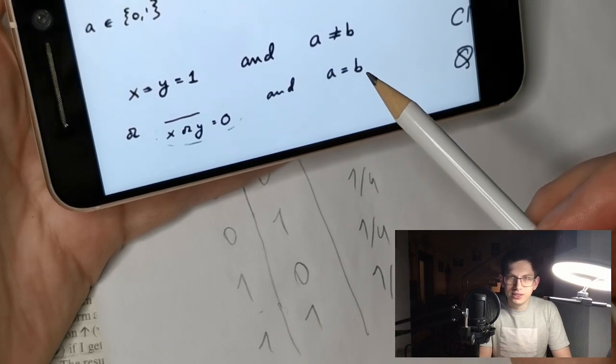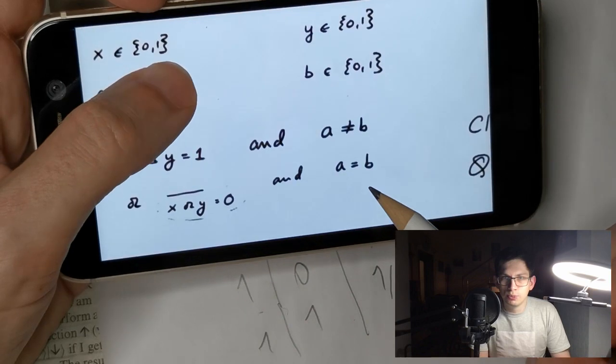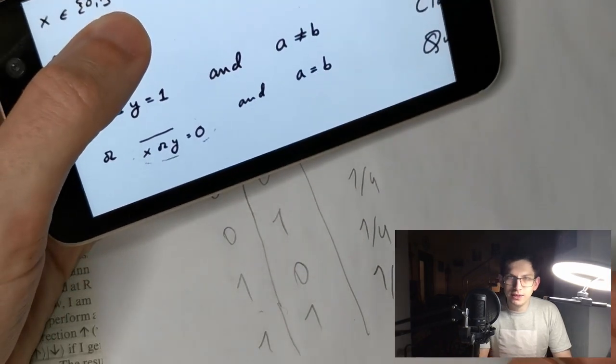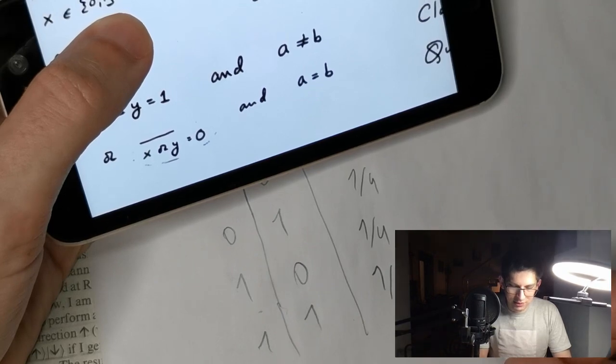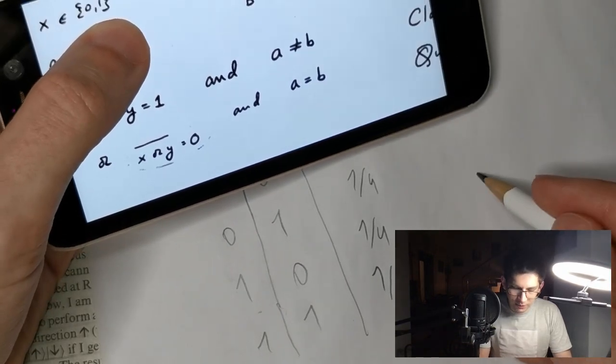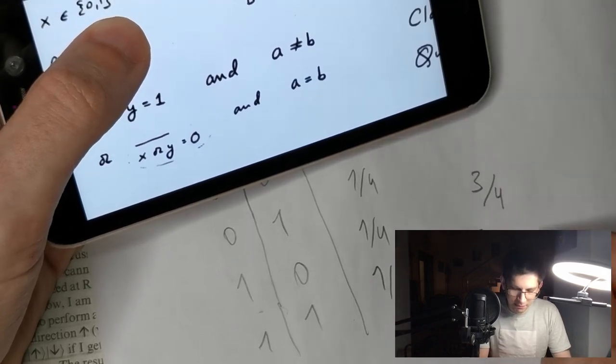And we know that if together we just output the same number, we will win in 3 of the 4 cases. So we will have the probability of winning 3 divided by 4, 75%.